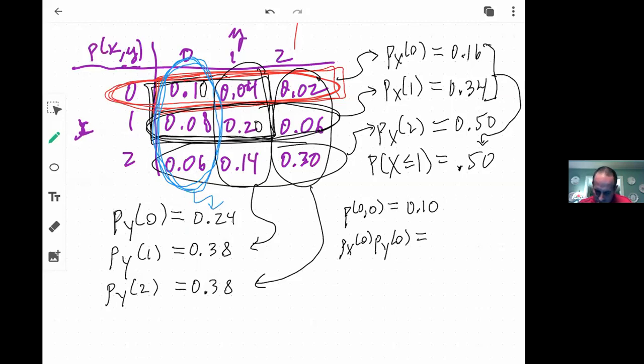Well, it's 0.16 times 0.24. And if you plug that in, I get 0.0384.